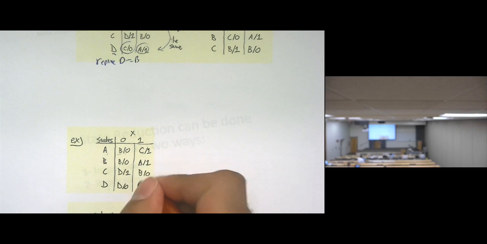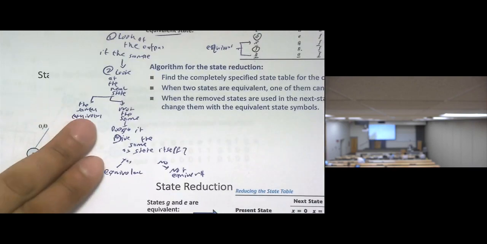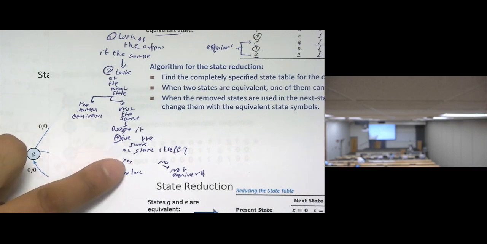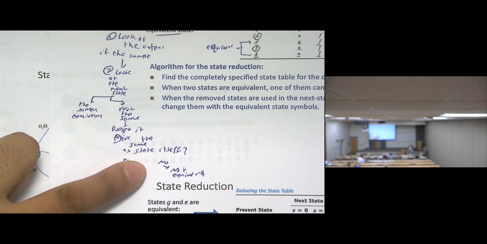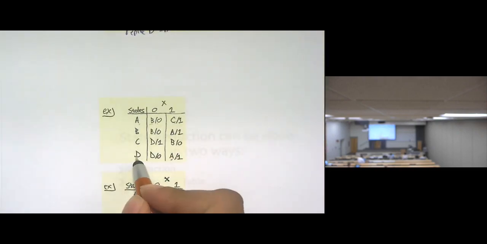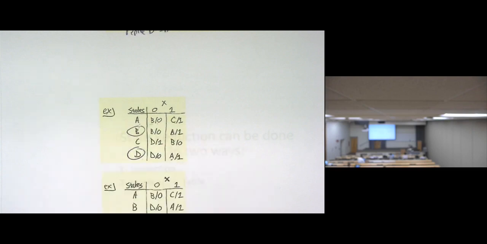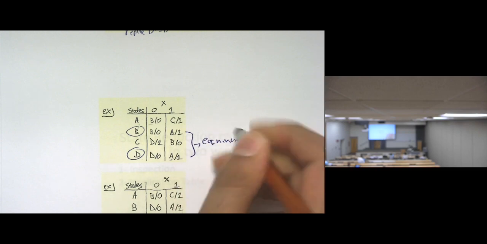So B in this part, A and A, those are the same. How about this part? Those are not the same. Well, let's look at the procedure I wrote. If they are not the same, does it have the same itself state or the same state? I mean, does the next state of B is B? Yes. Does the next state of D is D? Yes. Then we can say these are equivalent.